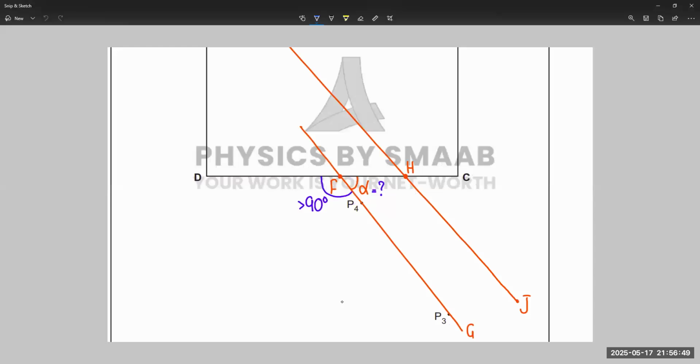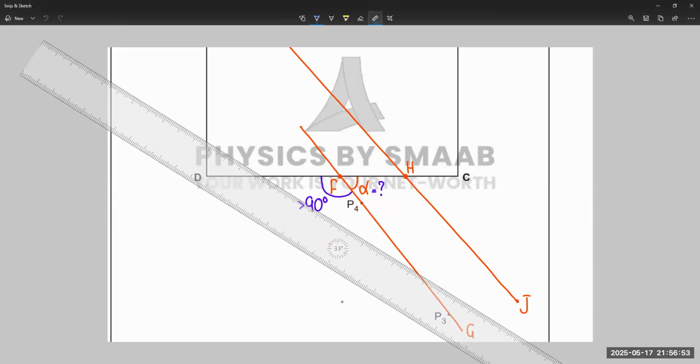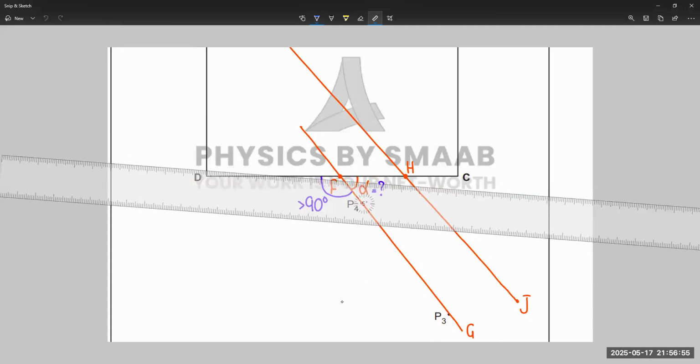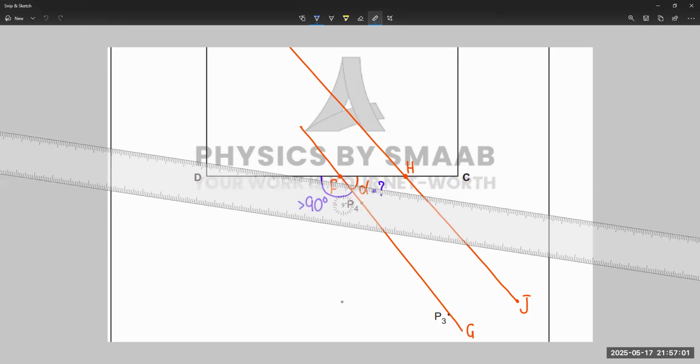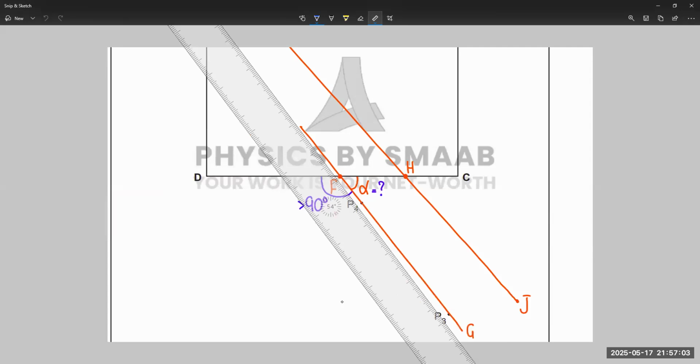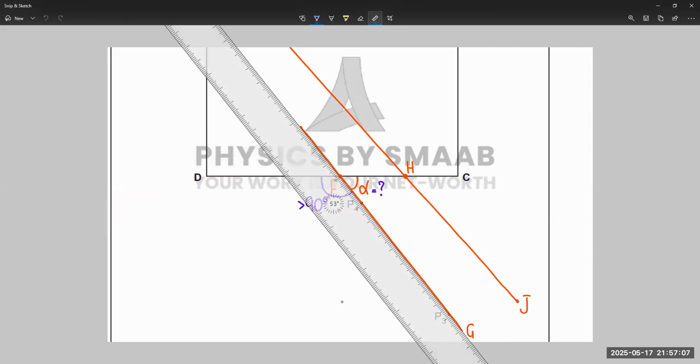Okay. So again, we have to measure the angle. For example, this is the horizontal surface at 0. From 0, this is 53, right?